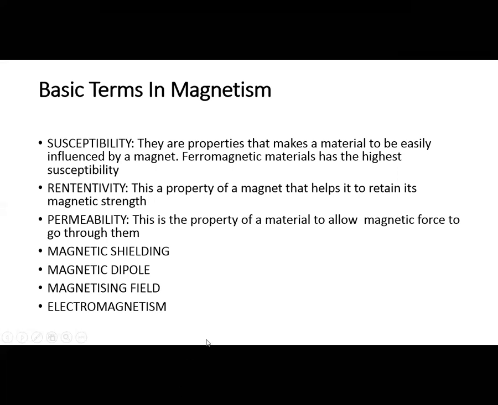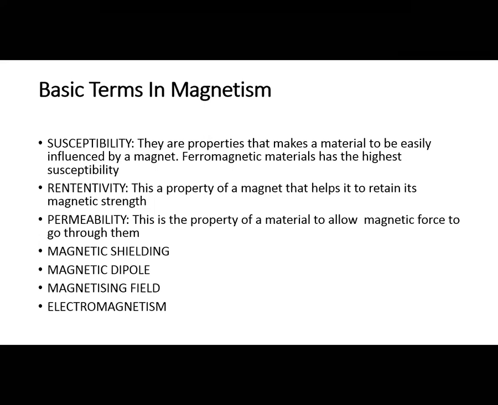But some can easily be magnetized back again. Those that can easily be magnetized back, the property that helps it to be magnetized back, we call the retentivity. So retentivity is the property that helps a magnet to retain its magnetic strength.